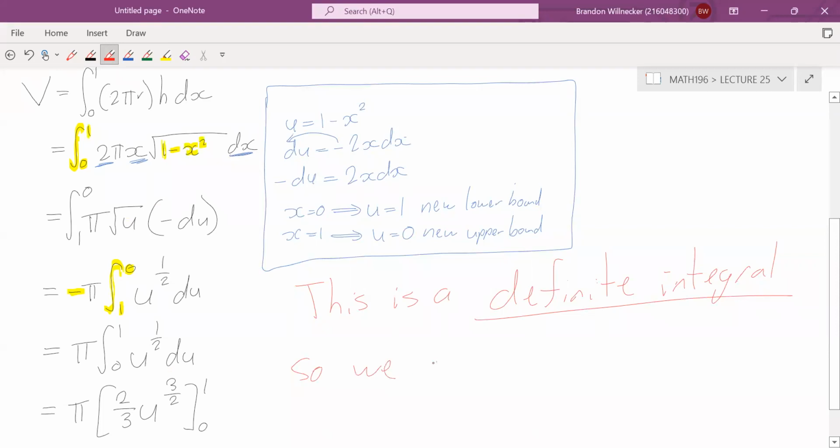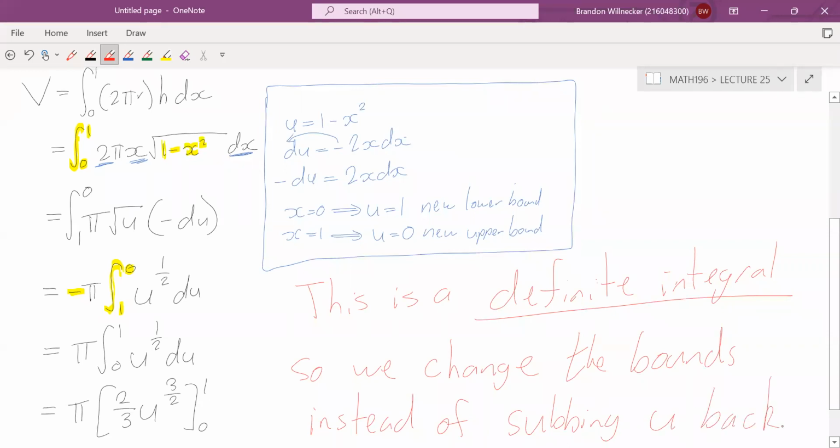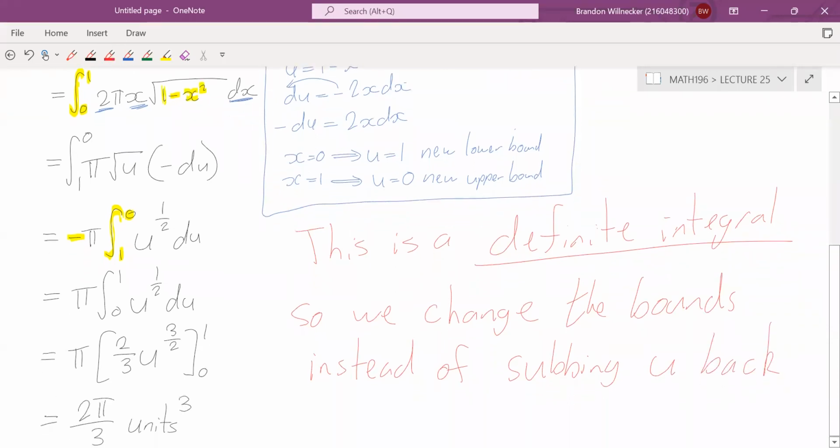So we change the bounds instead of substituting back u. Once we've converted everything to u, then we just get a number at the end. So there's no reason to substitute u back.